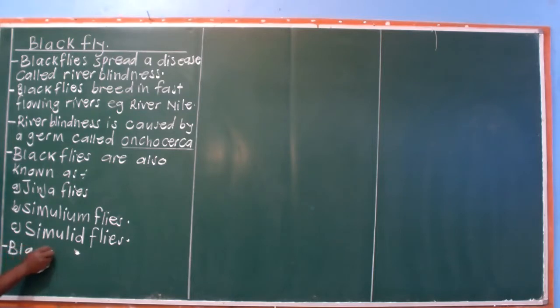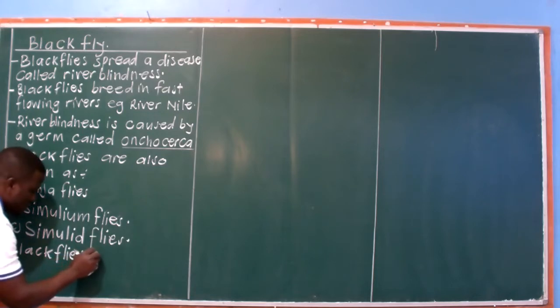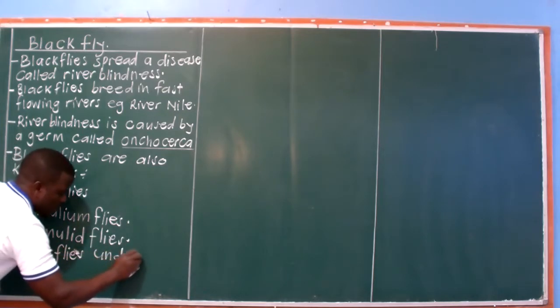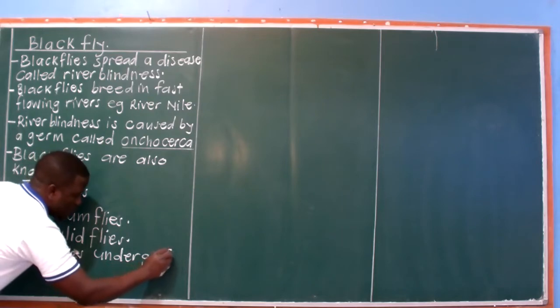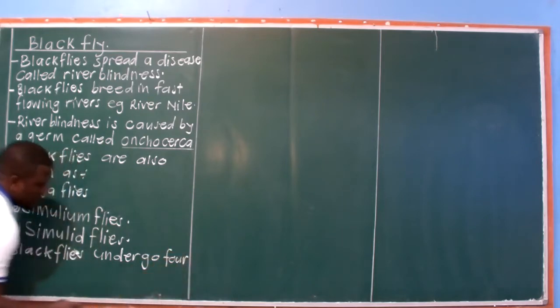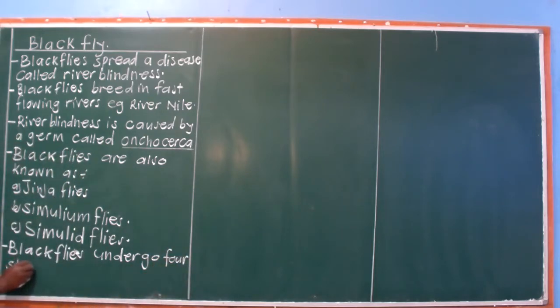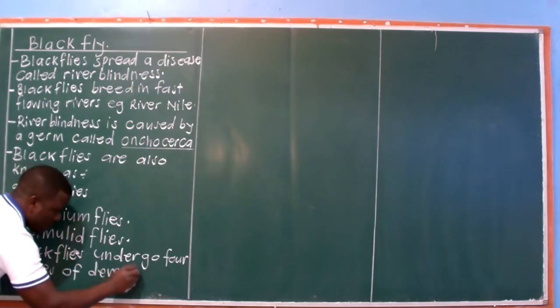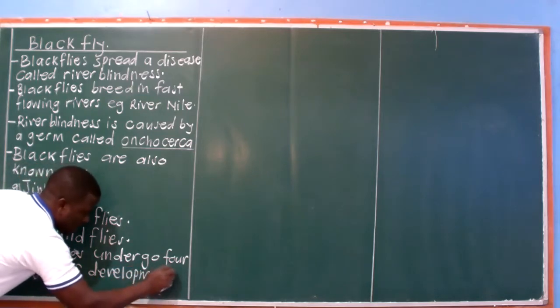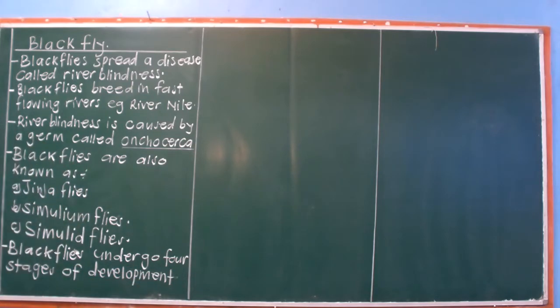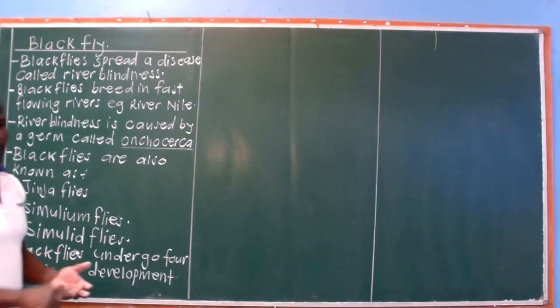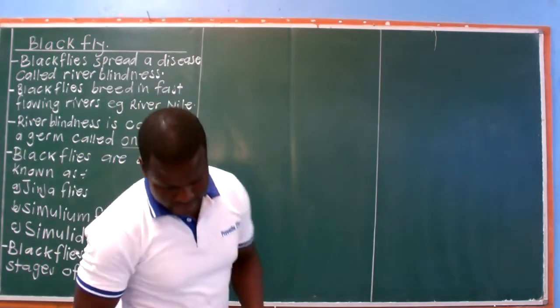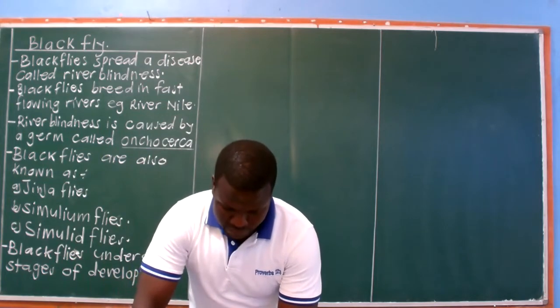Black flies undergo 4 stages of development. That is eggs, larva, pupa, and adult. As simple as that.